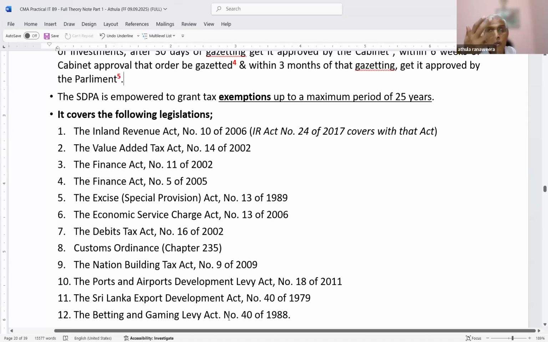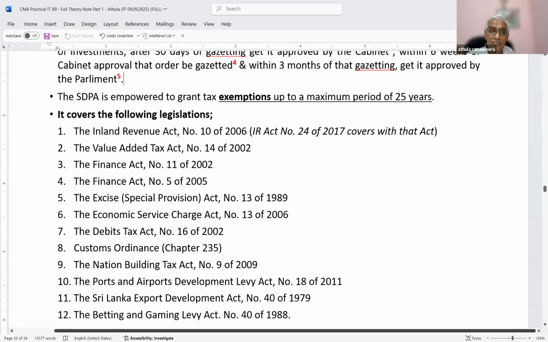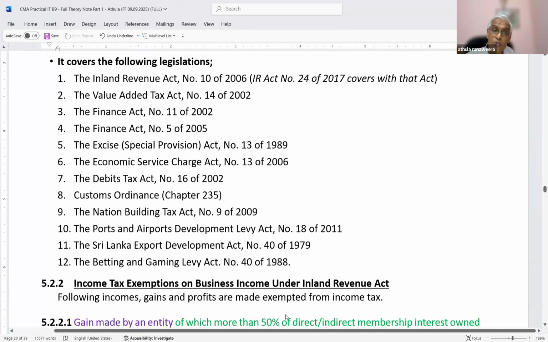See, almost all taxes are there in this. The super luxury tax is not here. At that time, it was not there. Otherwise, that also would have been included here. See how legally they have done the corruptions, right?